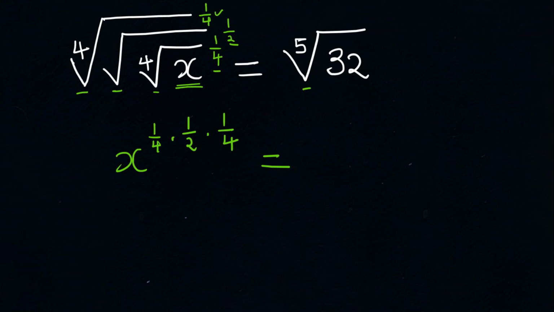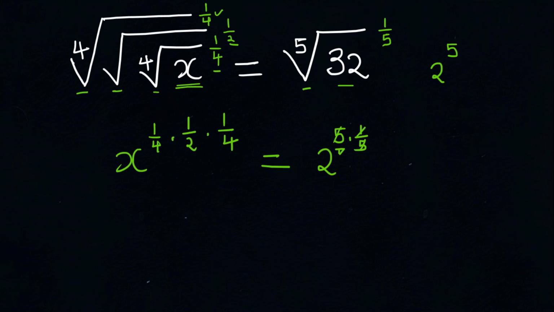Now this is the same as 1 over 5, and this is the same as 2 to the power 5. So we are going to have 2 to the power 5 multiplied by 1 over 5. So this is over 1, so 5 and 5 will cancel, 1 and 1 will cancel, and at the end of the day we're going to have only 2 on the right hand side.